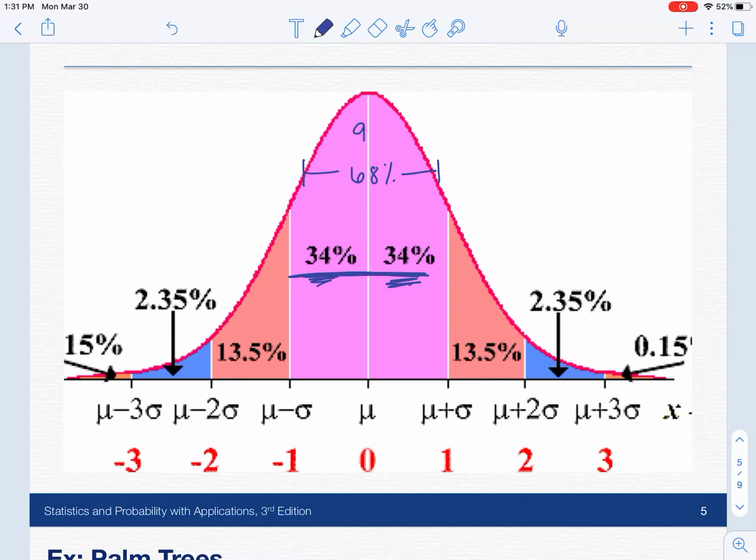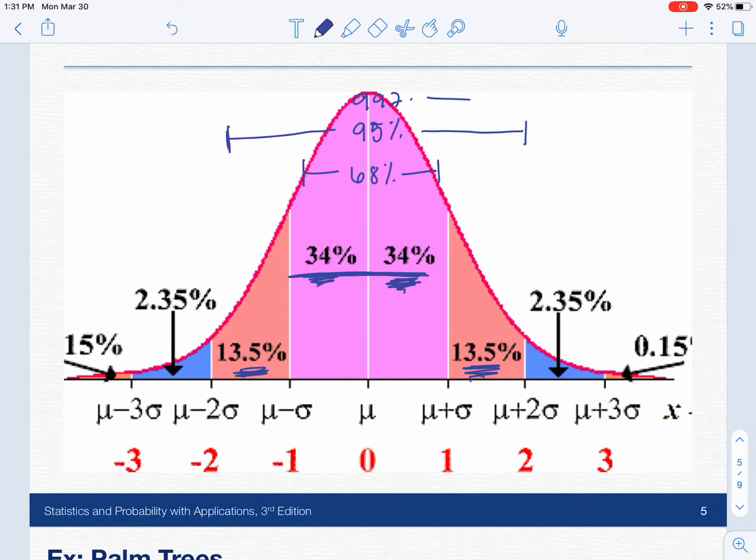Same thing if I've got 95% within 2 standard deviations. All of that's 95%. So that means I would have 34% here, 13.5 here, because 13.5 plus 34 plus 34 plus 13.5 is going to be 95%.